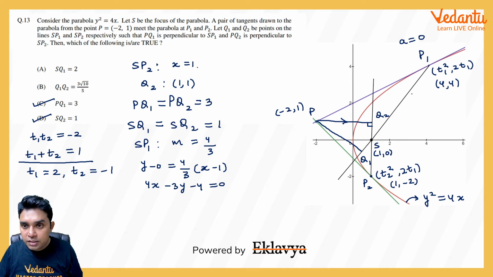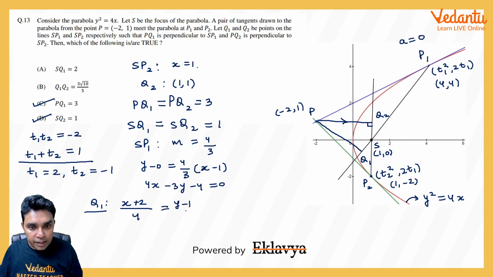So this is the equation of SP1. Now we can find the coordinate of Q1 by use of the foot of perpendicular formula, which will be (x plus 2) upon 4 is equal to (y minus 1) upon minus 3, and that will be equal to minus sign, and we will put the point (-2, 1) here, so minus 8 minus 3 minus 4, which is minus 15 here, divided by 25.